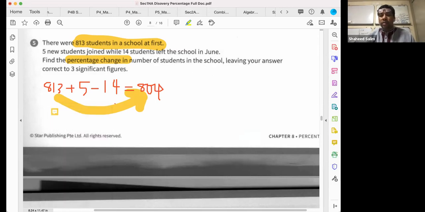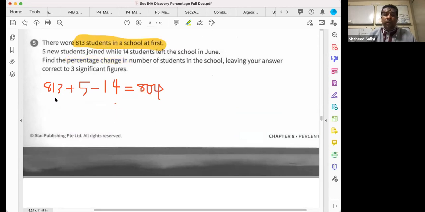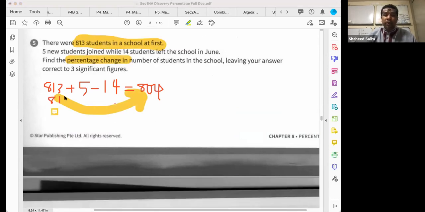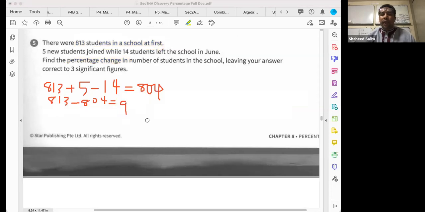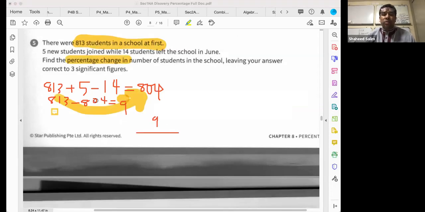813 minus 804, you get 9. So they're asking you now, what is this 9 in percentage? Very easy lah. This one is primary school style lah. Okay, you put 9 over total how much? Total original 100%. Don't take 804, no. Original 100%.